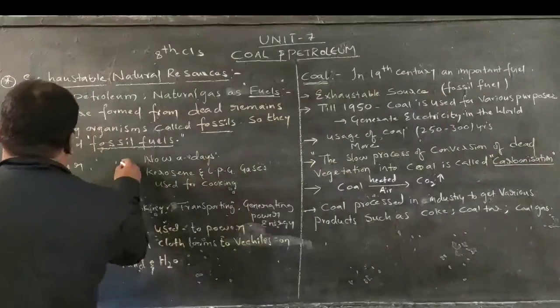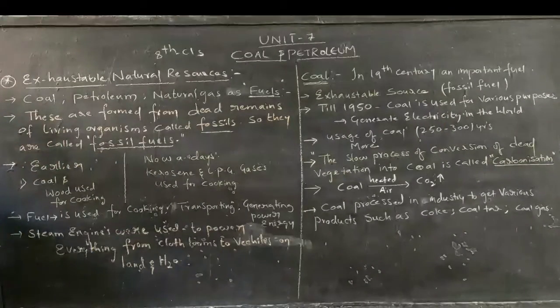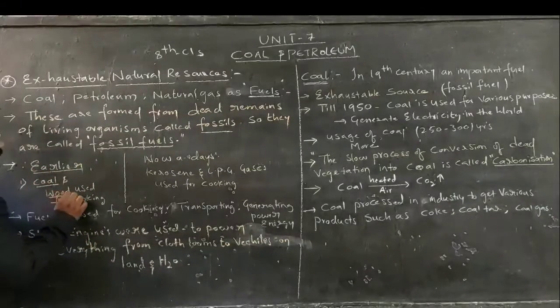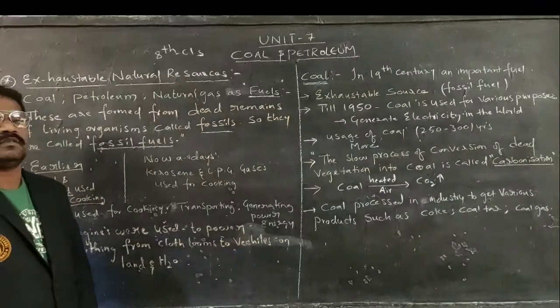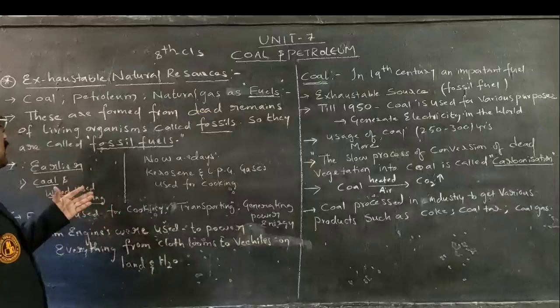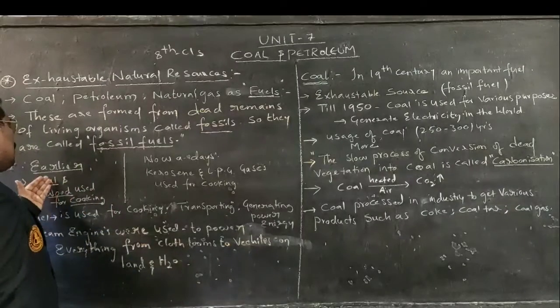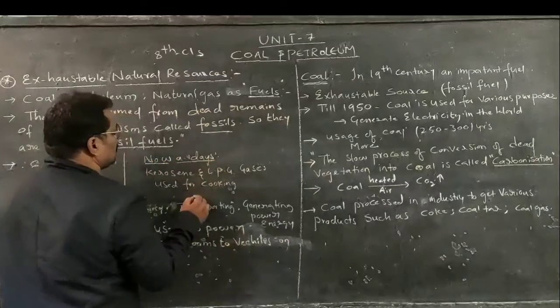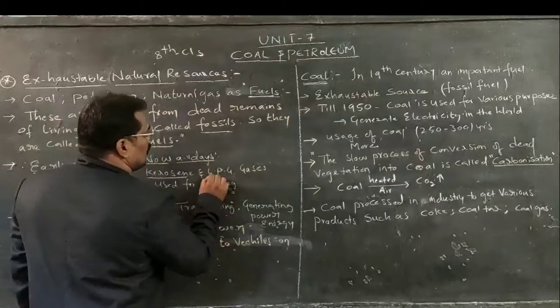The second point: in earlier days, coal as well as wood were used for cooking purposes. But nowadays, for cooking, kerosene stoves and LPG cylinders are used.